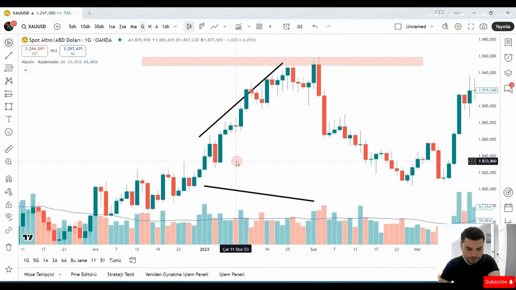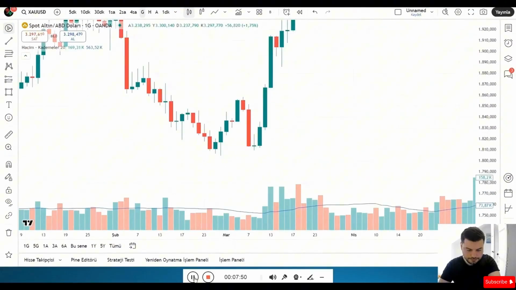Let's continue. Let me show a few more on support. Now here the price has fallen, but the trading volume is also falling. In this case, friends, when you look, we see the trading volume decreasing.